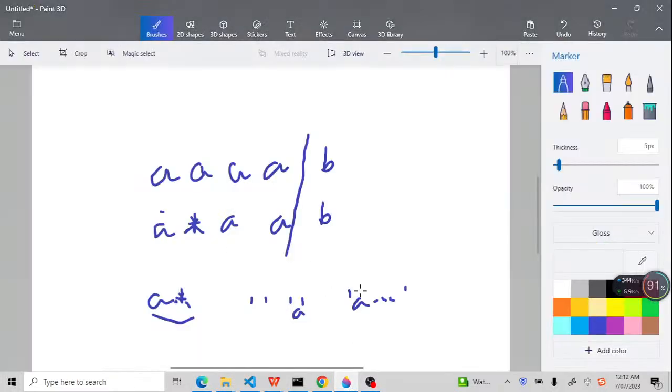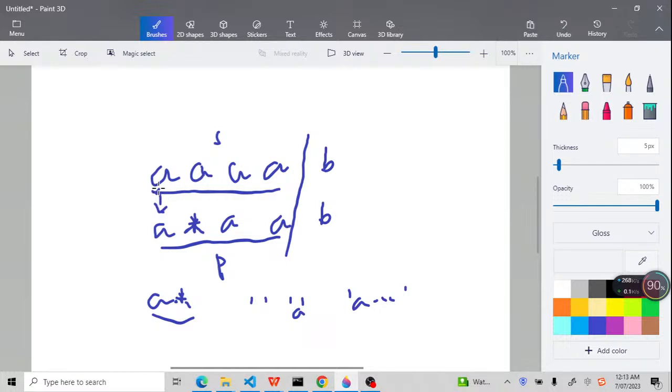Let me explain on the whiteboard how I'm going to solve this problem. For example, we have a string AAAA, and we have another string, the pattern P. This pattern is A star AA. This one will return true. There are many conditions.